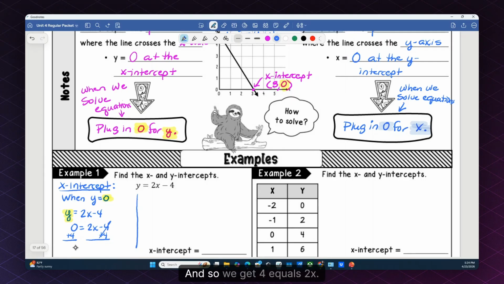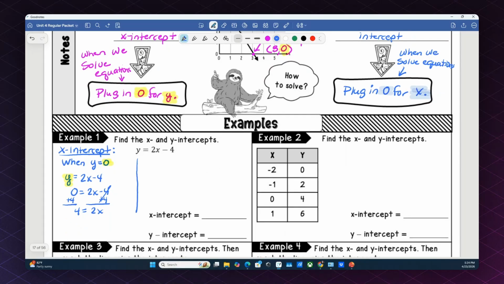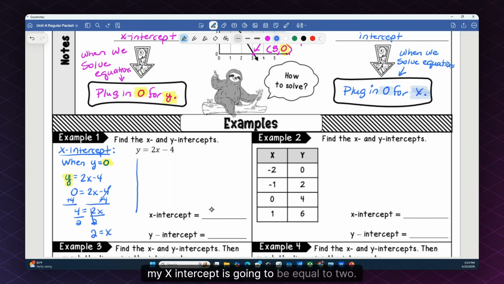This cancels, and so we get 4 equals 2x. To get rid of the coefficient in front of the x, we divide by 2 on both sides, and so we get 2 equals x. So my x-intercept is equal to 2. We're going to do the same process, but we're going to reverse it.